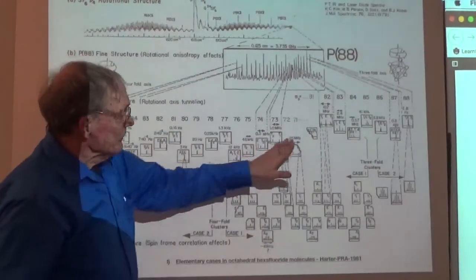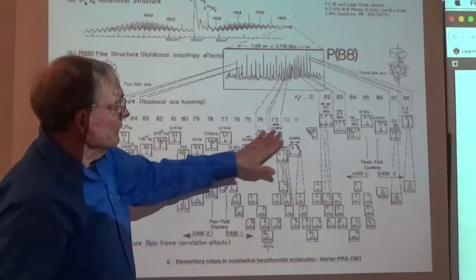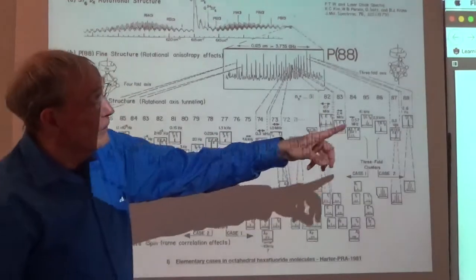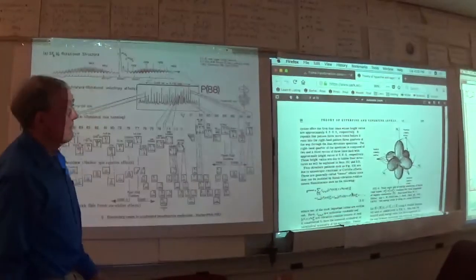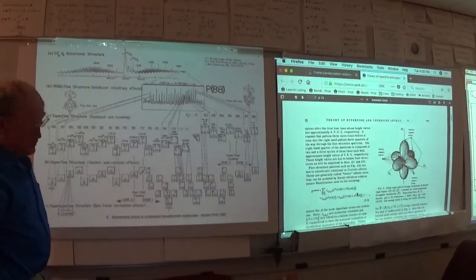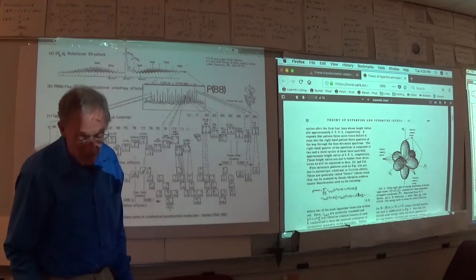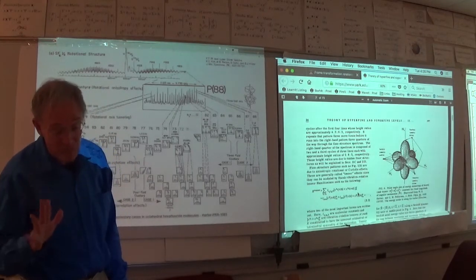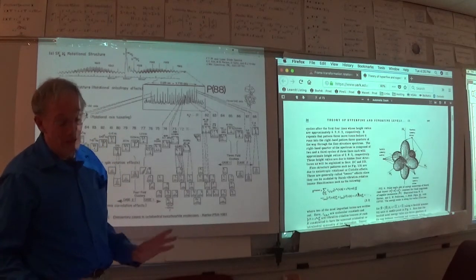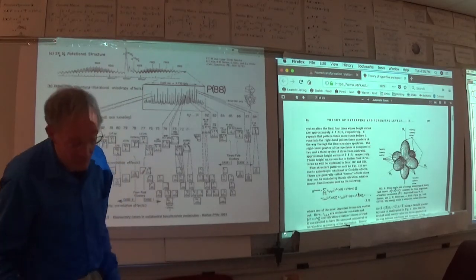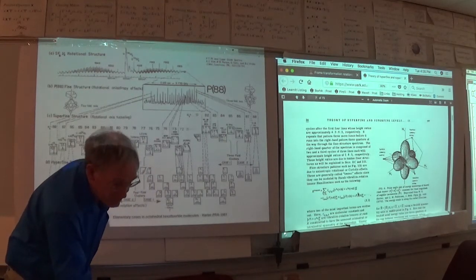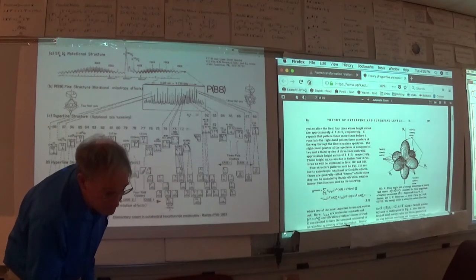What makes all of these tunneling splittings is tunneling from various parts of that figure to other parts. So you're talking about the tunneling of the angular momentum vector of the whole molecule as seen by the molecule itself. An inside job, so to speak.